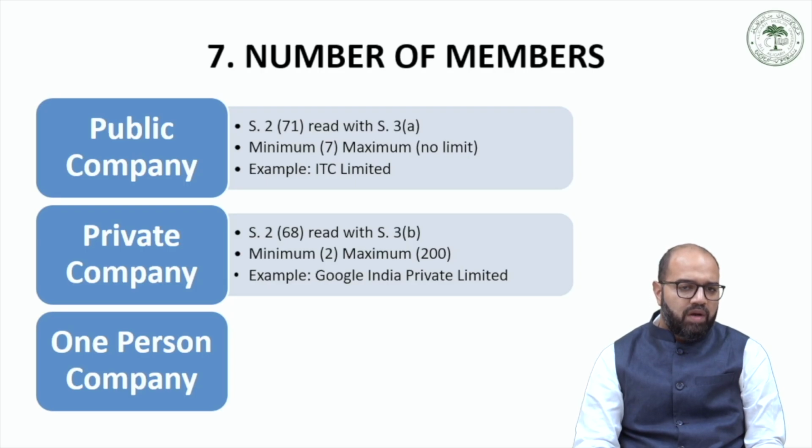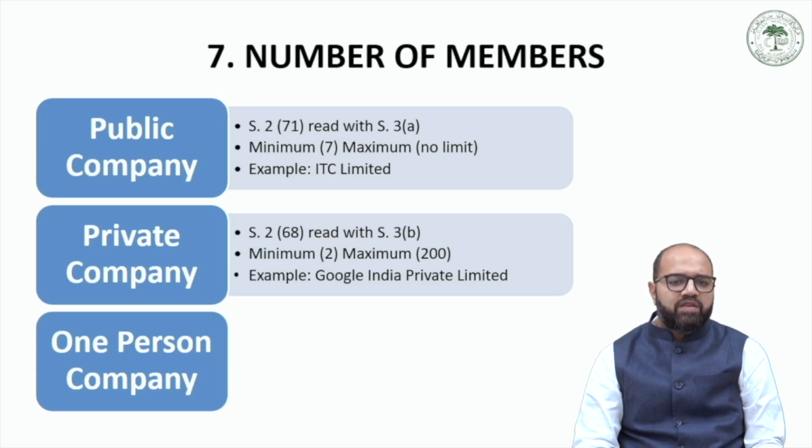Now, comparing this definition to the definition of a public company, this is a more clear definition and reveals at least three features of a private company. Firstly, that there is a restriction on the right of members or shareholders to transfer their shares.